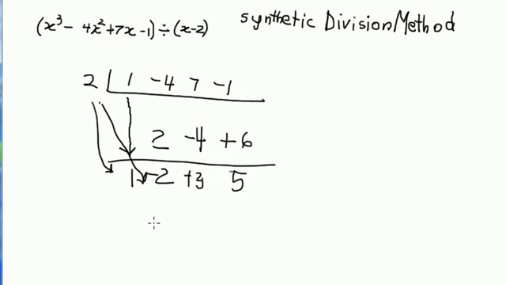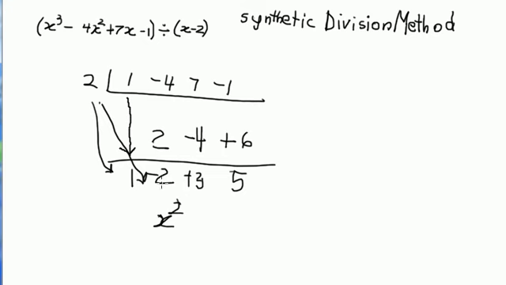So the answer is going to be x squared. We want 1 degree lower than the original polynomial. The coefficient is 1, so that's why I can just leave it as x squared.